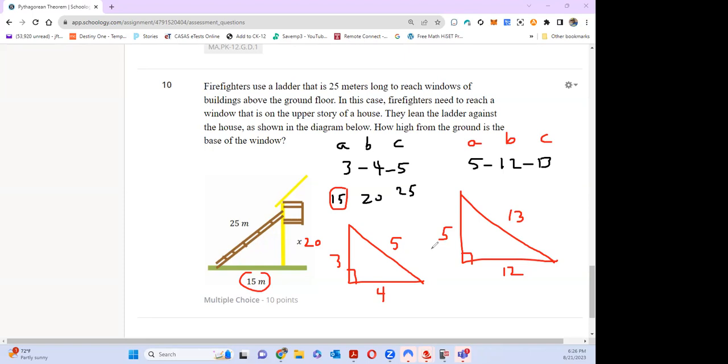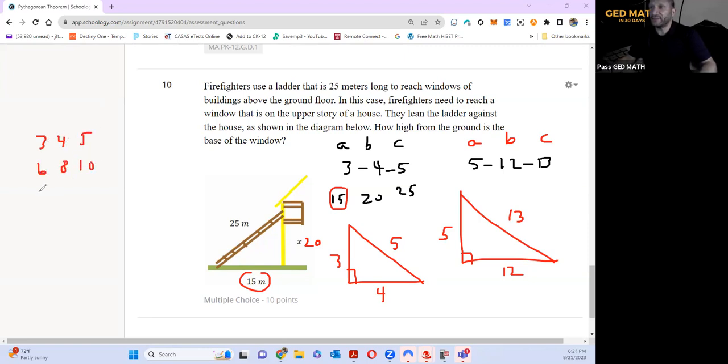This also works for any multiple of those. So 3, 4, 5; 6, 8, 10; 9, 12, 15; 12, 16, 20; and 15, 20, 25.